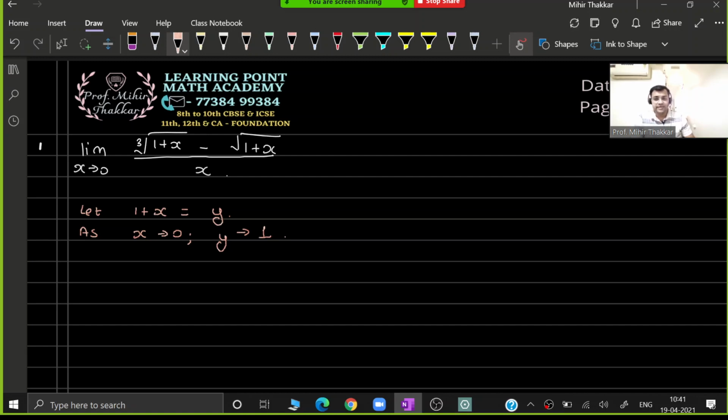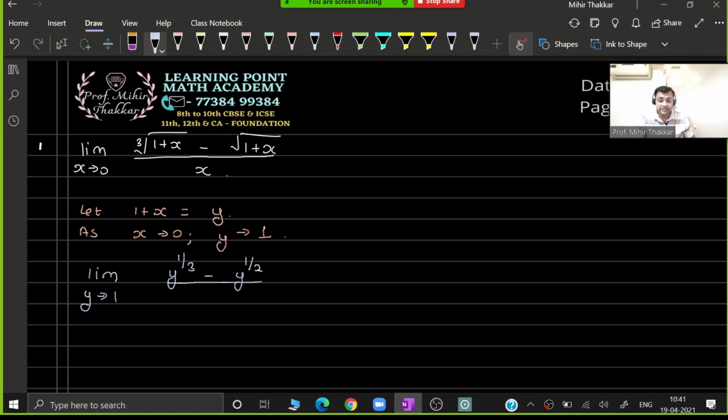So now when you write it over here, it will become like this. See, limit y tends to 1, y to the power cube root, which I can write as 1 by 3, minus, once again for the second element, y to the power square root, which is 1 by 2, but the denominator is x.